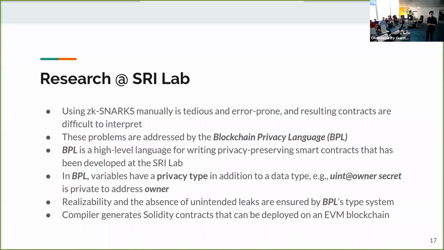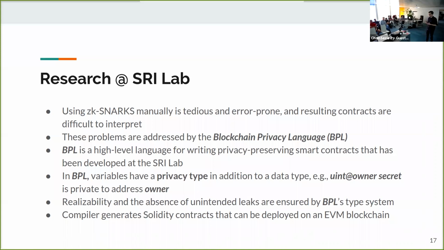We are addressing this with the Blockchain Privacy Language, BPL. BPL is, similar to Solidity, a high-level language, but it is additionally aimed at constructing privacy-preserving smart contracts.